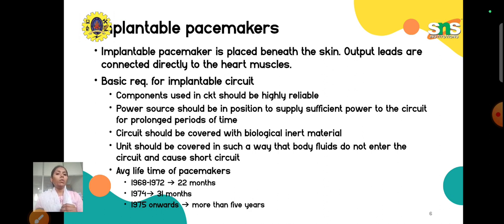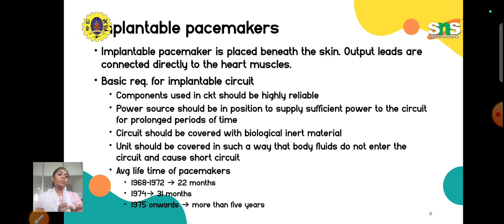Next we will see the average lifetime of the existing implanted pacemakers in the market. This type of implanted pacemaker has been around since 1968, when they started developing it.